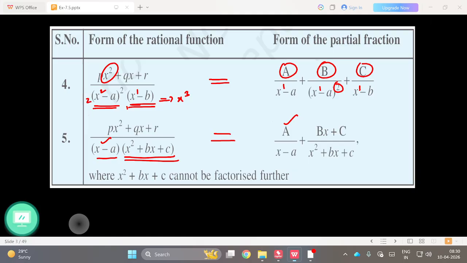And then look at this, power of x is what? 2. The 2 is not factorable, unable to separate. That time you have to take the balanced numerator, bx plus c. Some people are very interested to take this first, means you can write here ax plus b.